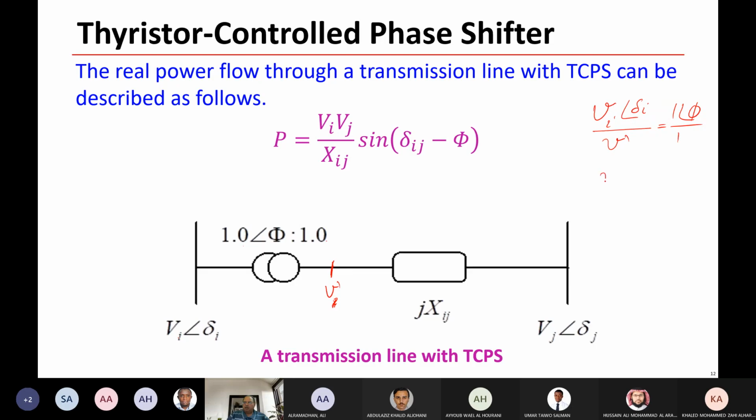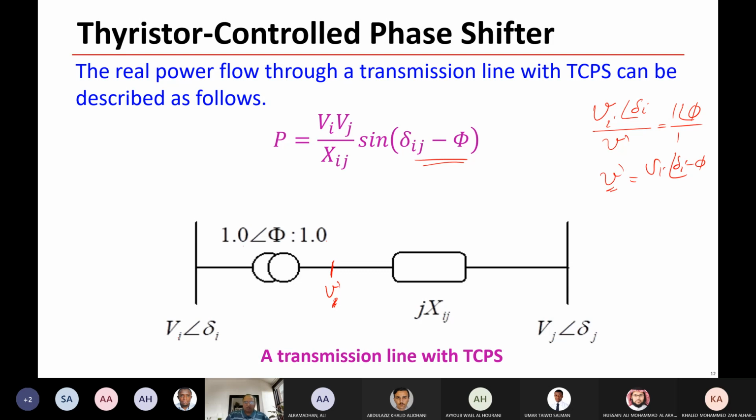So you can have here V prime equal to Vi with angle delta i minus phi. So this phi will go up, so it becomes minus phi. So this is V prime here, okay? So minus delta j, it becomes delta ij minus phi as we have it here.